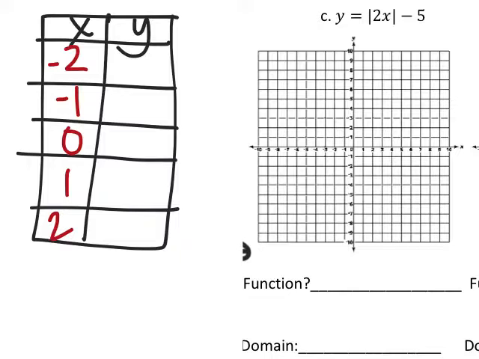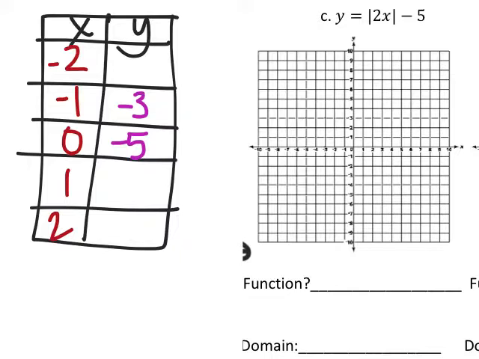Now some of you may choose to start with the y-intercept, because if x is 0, we can see y is -5. Now if we move in the negative direction for x, so when x is -1, looks like we're going to get y is -3. Now why is that -3?